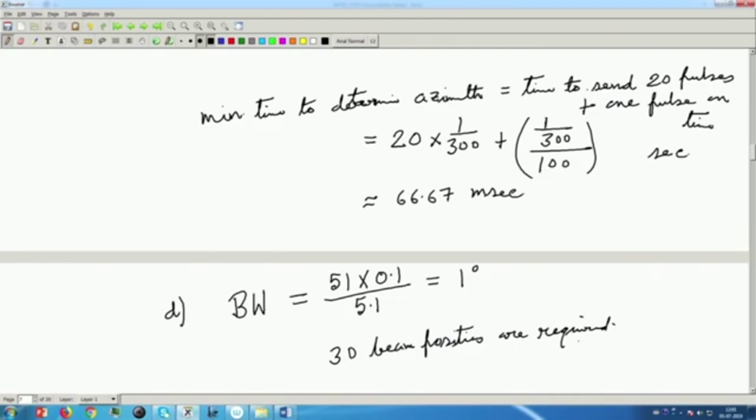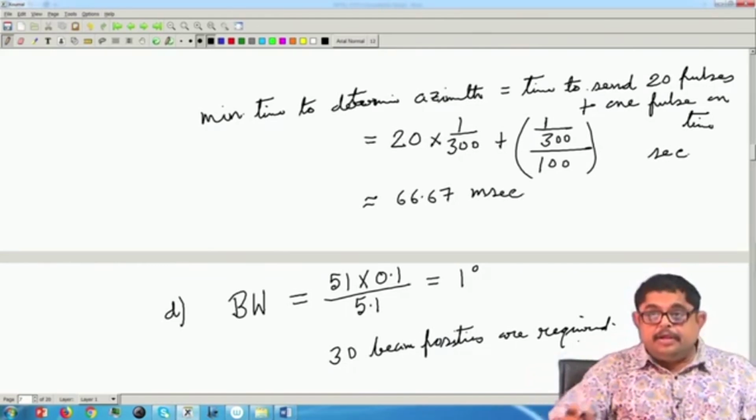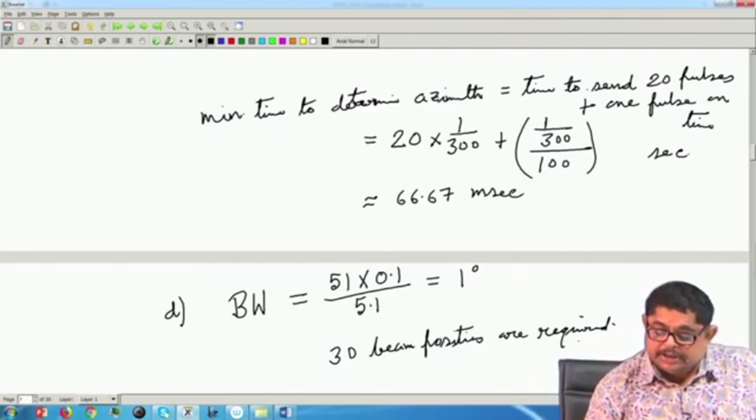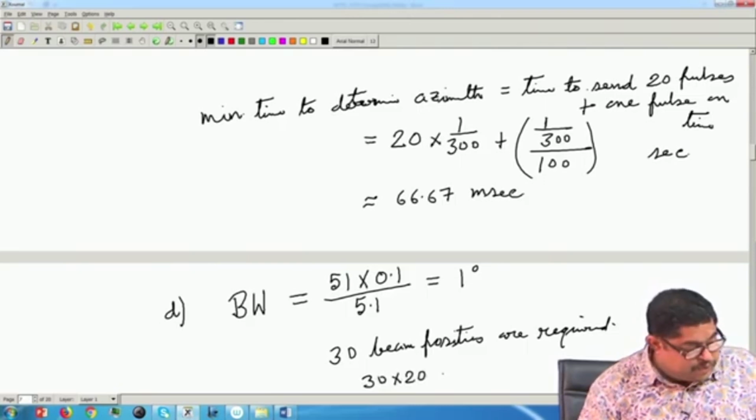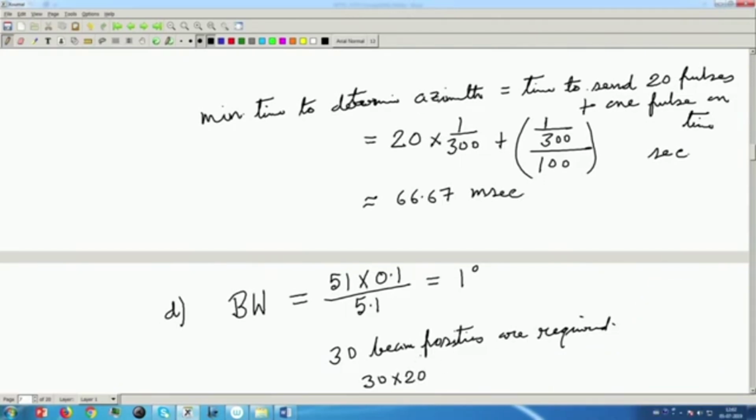In each beam position you need to send 20 pulses. So, that means 30 into 20, sorry, in each beam position 10 pulses we send, so 30 into 10, that is 300 pulses are required.